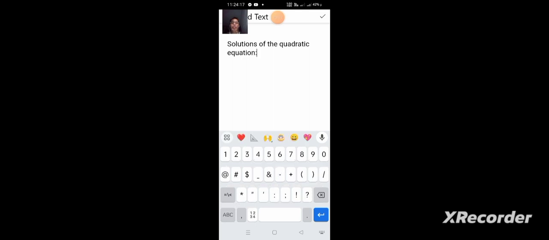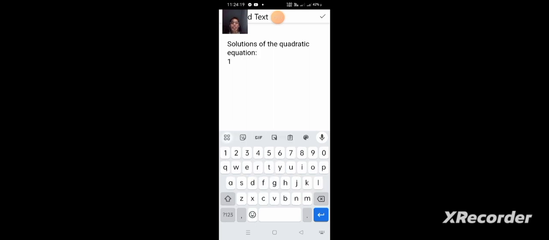So we have solutions of the quadratic equations. One is by extracting the square root.